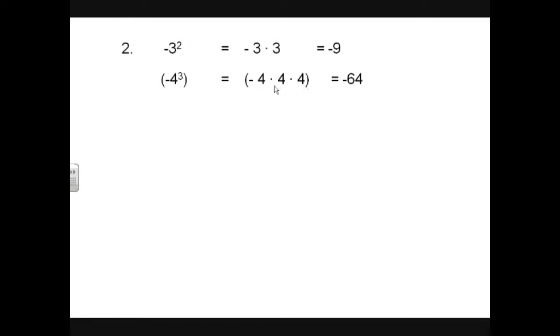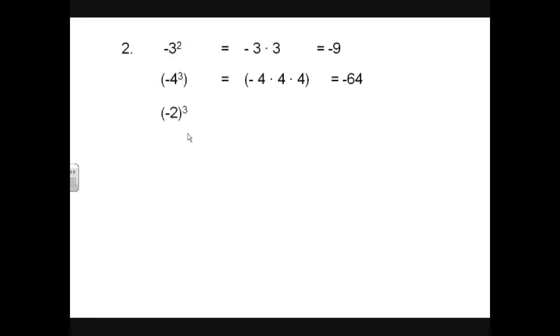This is why I wrote this out right here with the negative on the outside, and then 4 times 4 times 4. In this case right here, with the exponent on the inside of the parentheses, the negative still is not included with the base. This really kind of goes with the first rule, saying that the exponent goes with whatever is to the left and only with what is directly to the left. This negative sign is not included with the base.